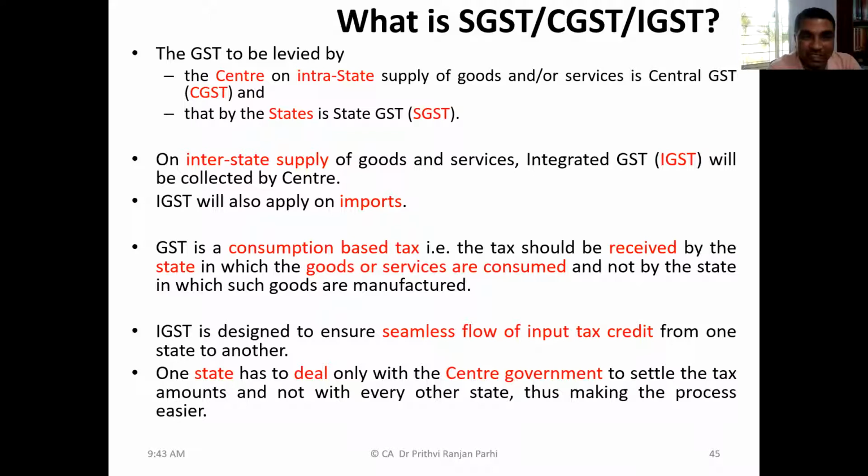Okay. GST is a consumption-based tax. That is, tax is received by the state in which goods and services are consumed. What is a consumption-based tax? You see, in our country, there are many states where goods are produced, and many states where goods are consumed.